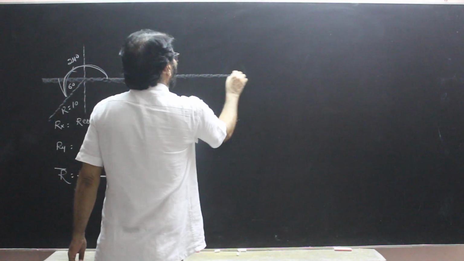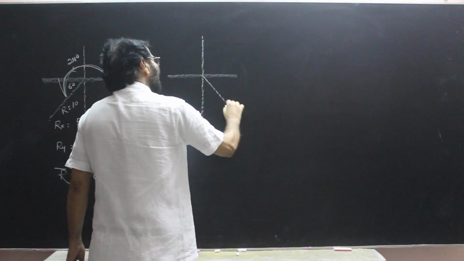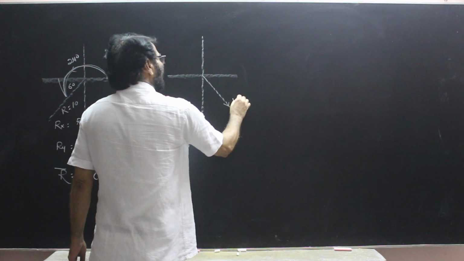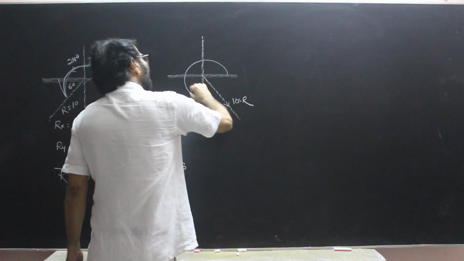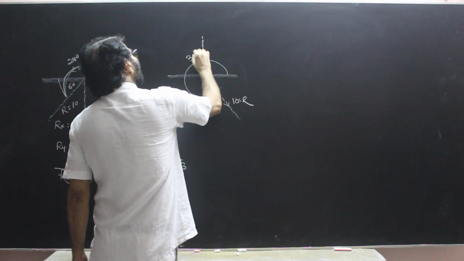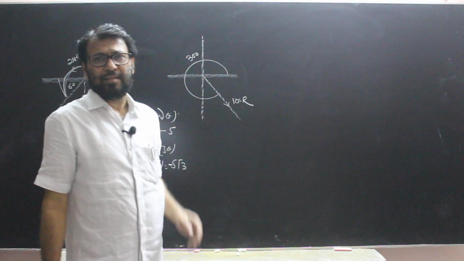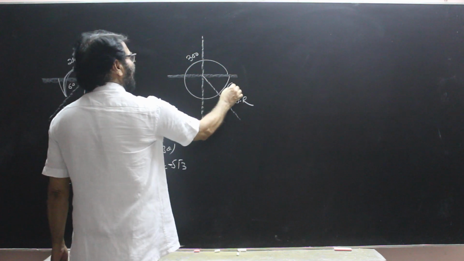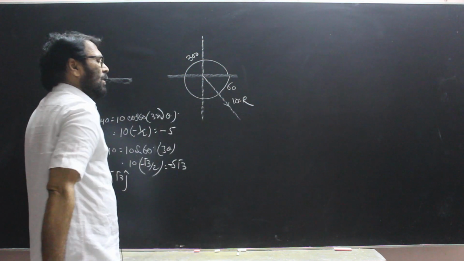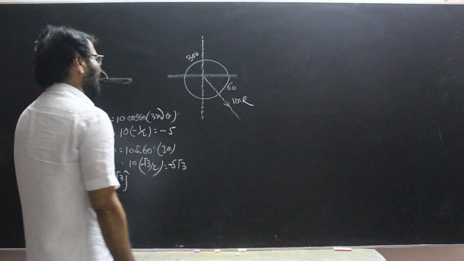Similarly, if we want to resolve this vector r of magnitude 10 unit and the angle is 300, r makes an angle of 300 with x-axis. This 300 is basically 60 in the fourth quadrant, and in the fourth quadrant cos is positive and sine is negative.